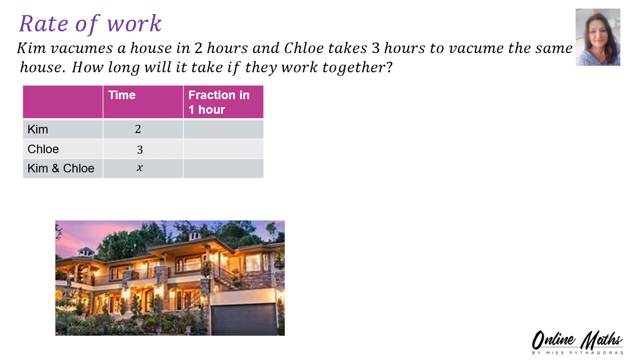Kim and Chloe is x, we don't know. Then what you do is you decide on the fraction in 1 hour. So that means Kim's time as a fraction in 1 hour is 1/2. Chloe is 1/3, and together they are 1/x.